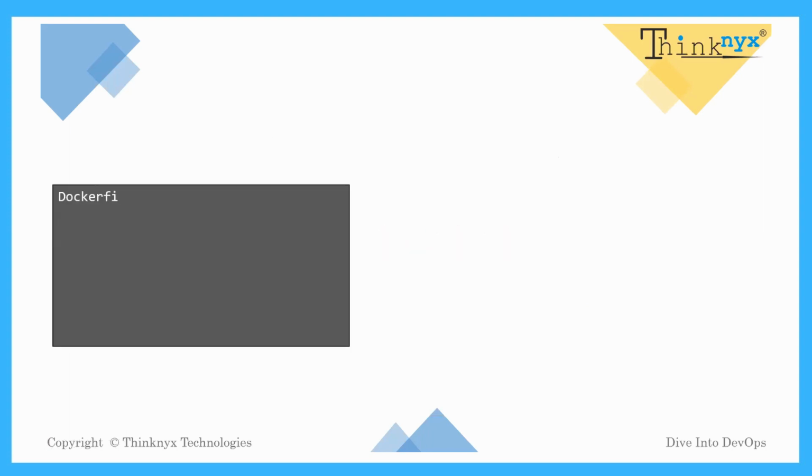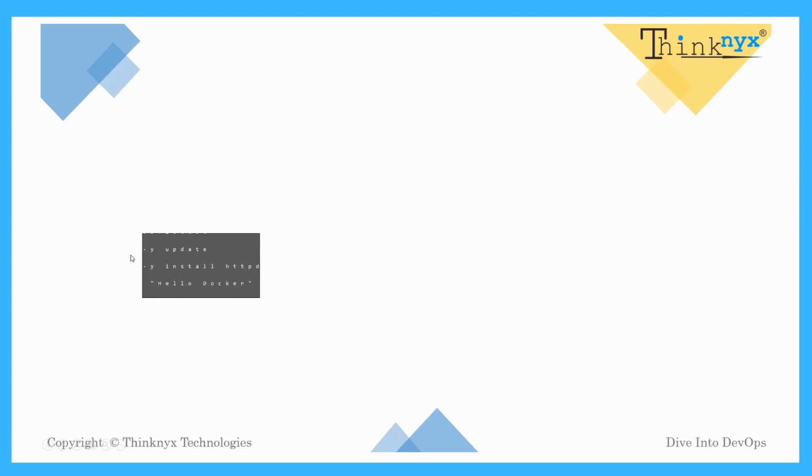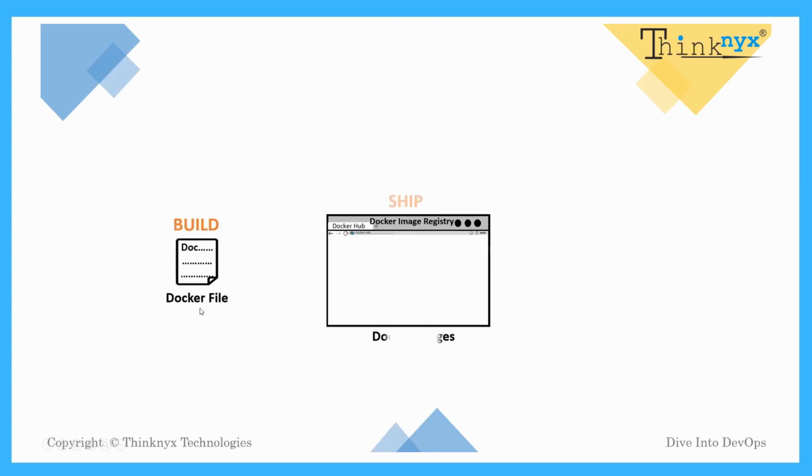When you talk about Docker, Docker is a platform to build, ship, and run containerized applications. So when we talk about build, actually we are talking about something called a Dockerfile. Docker gave us the flexibility to create one text file, put some instructions, right, and bundle these instructions into a binary. And that binary is actually known as your image.